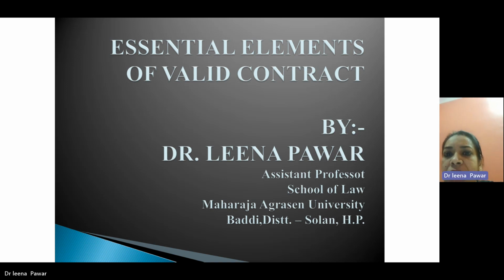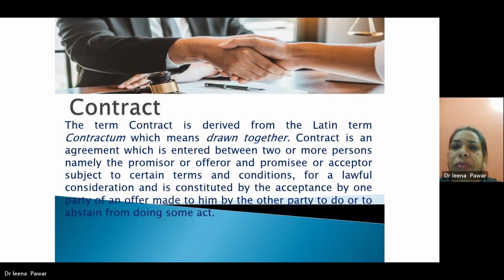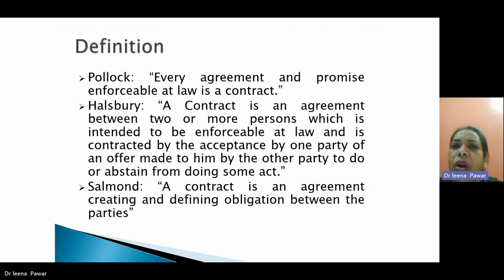Now, the definition of Pollock. Pollock defines it: every agreement and promise which is enforceable at law is a contract. So there must be an agreement and a promise, and that agreement should be enforceable by law.